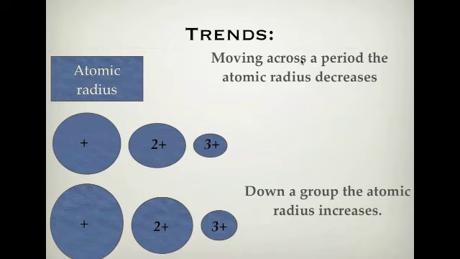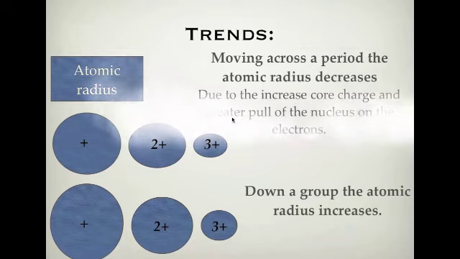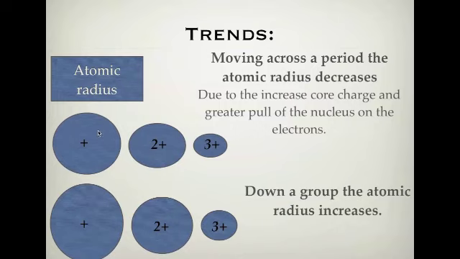So moving across a period in the periodic table, the atomic radius decreases due to the increase in core charge and greater pull of the nucleus onto the electrons. So you get more and more electrons being pulled in. As you move down a group, you get an increase in atomic radius.